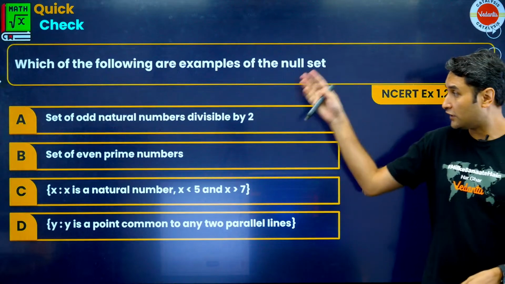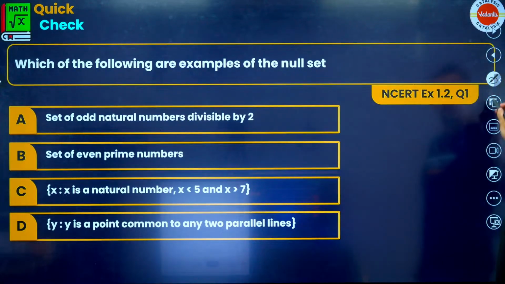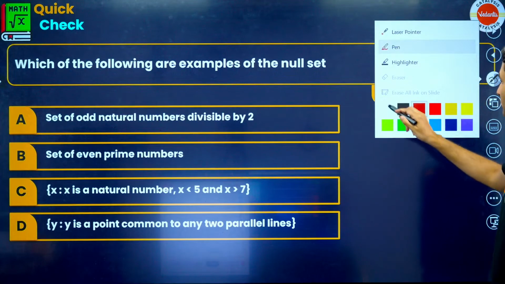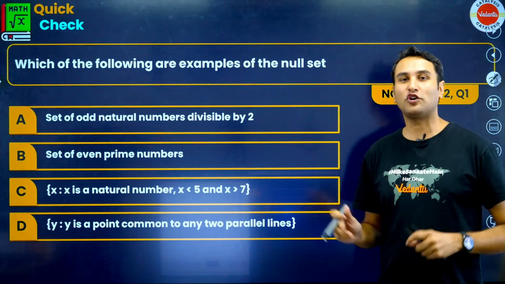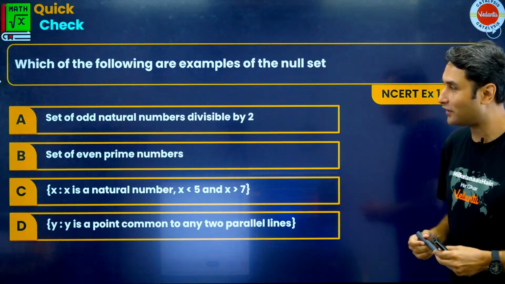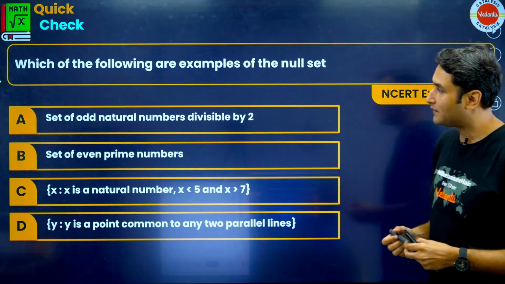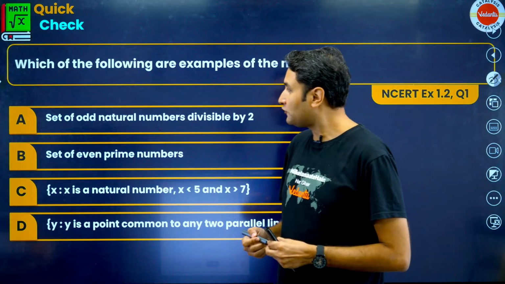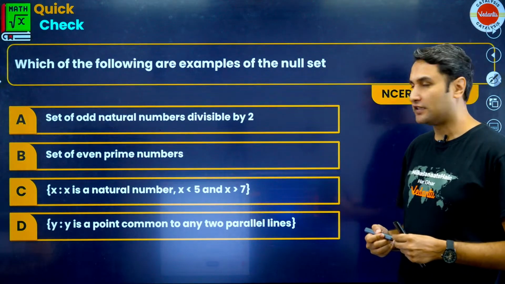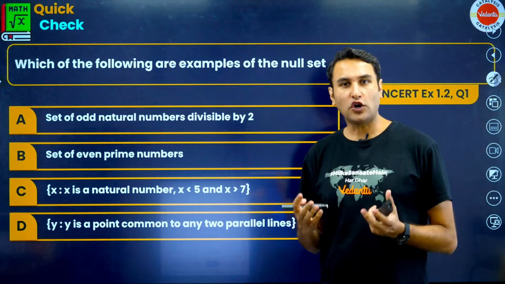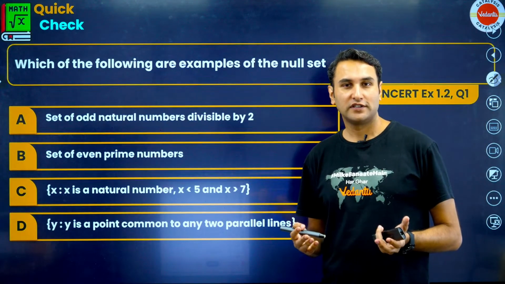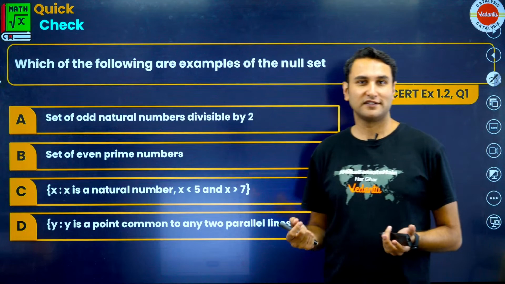Now, look at this and tell me which of these are the examples of the null set. Look at this carefully. Set of odd natural numbers divisible by 2. Is there any odd number which is divisible by 2? What is the definition of odd numbers?